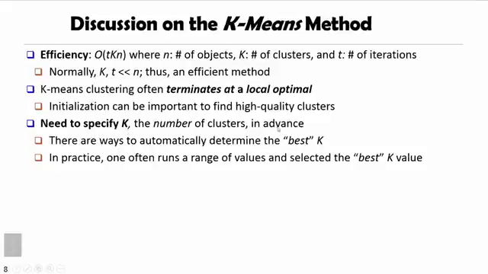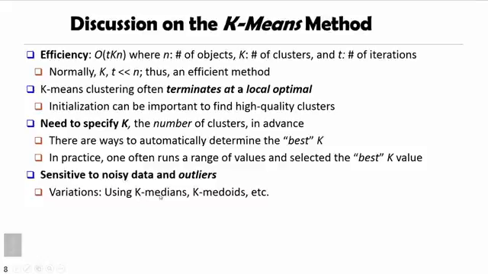We need to specify this in advance for the k-means algorithm. There are many ways to automatically determine the best k, and there are research papers and lots of efforts contributing to this. In practice, you can also run a range of values for k, then select which one is the best.